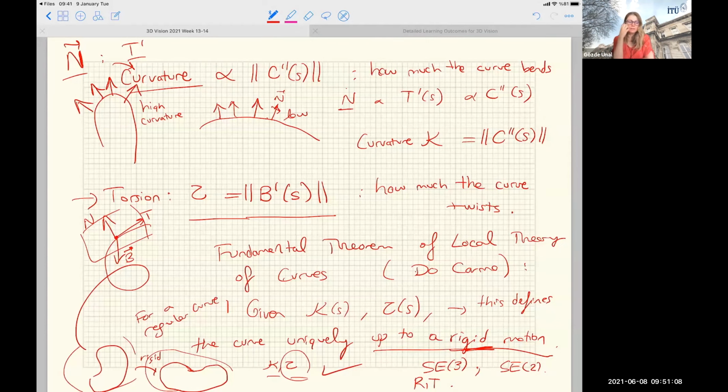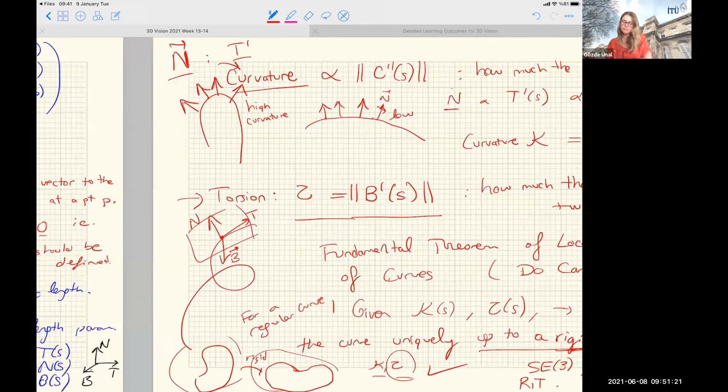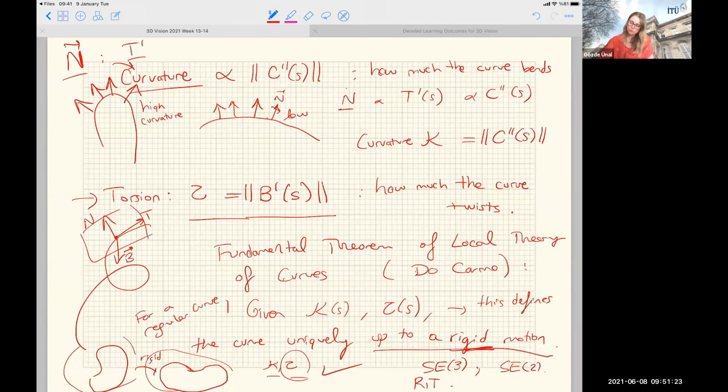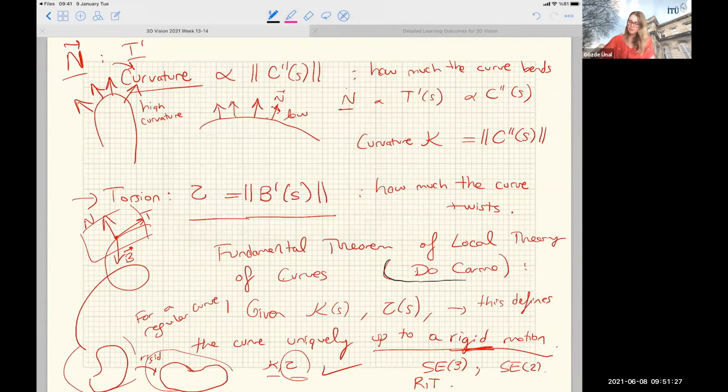I think this nicely summarizes the important concepts in differential geometry of curves. Of course, there may be other details. I referred you to the do Carmo book. Where is that reference? For those interested, please study do Carmo.